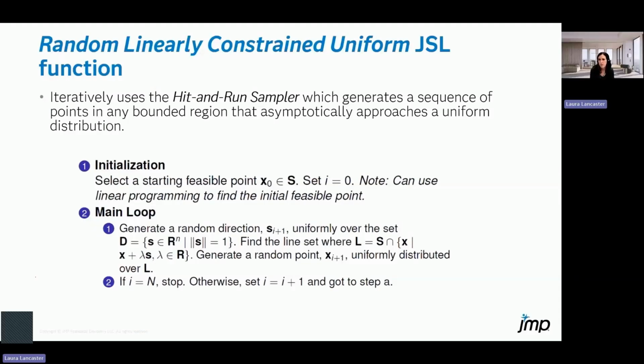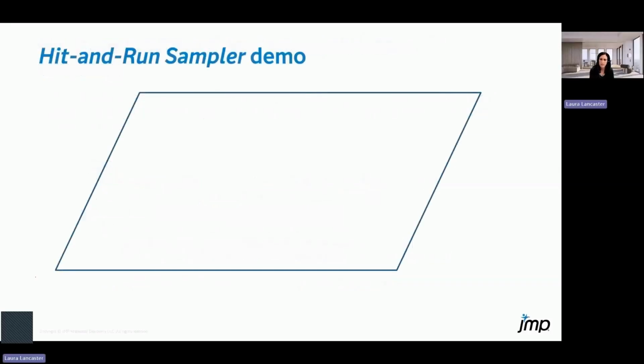The algorithm is shown in the slide above, but the basic idea is that once we find a feasible point inside of the constrained region, we take steps of random length in random directions that stay within the constraints. It's actually easiest to understand with a visual demo, so let's look at one now. Now suppose that this is our constrained region in which we want to generate random points. The first thing that we do is find an initial feasible point.